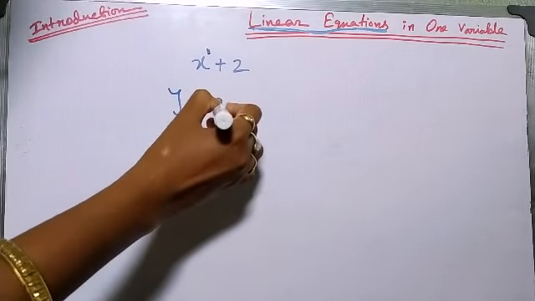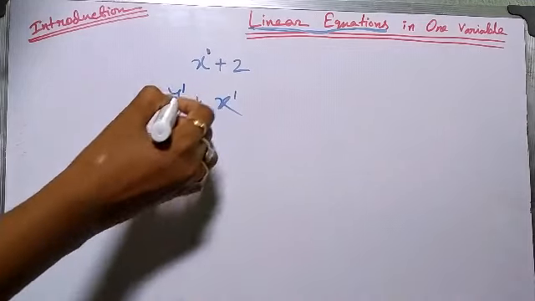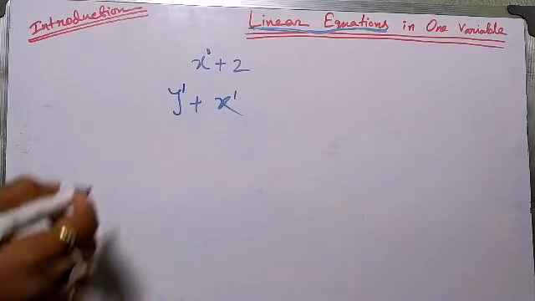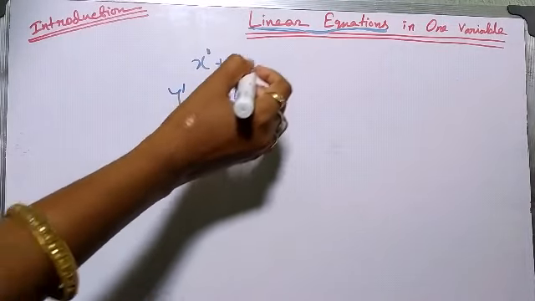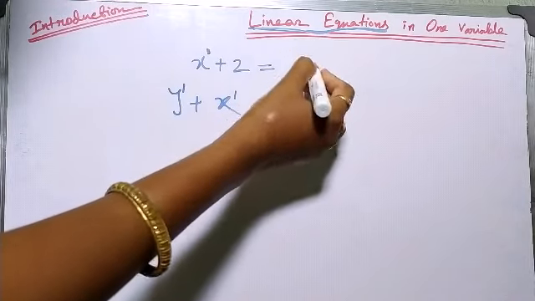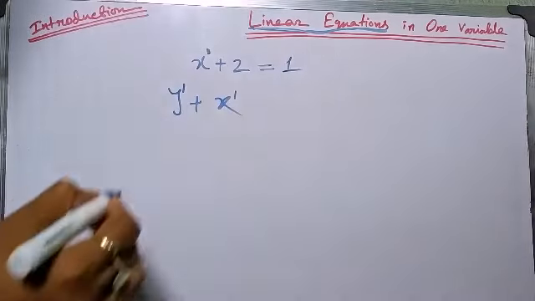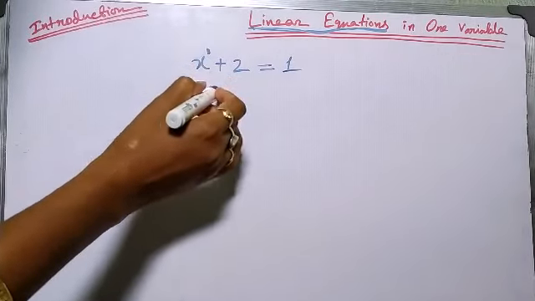Suppose y plus x. Here the power of the variable term is 1. So we can say that this expression is linear. But this is not the equation. When we give an equal to sign and on this side I write any number, then we can say that this is linear equation.